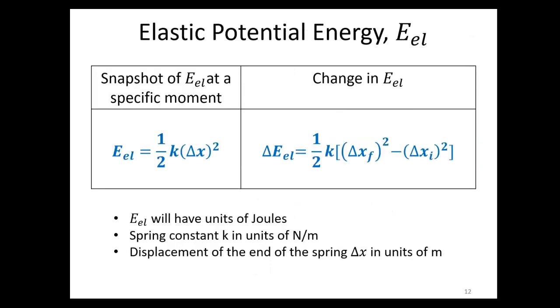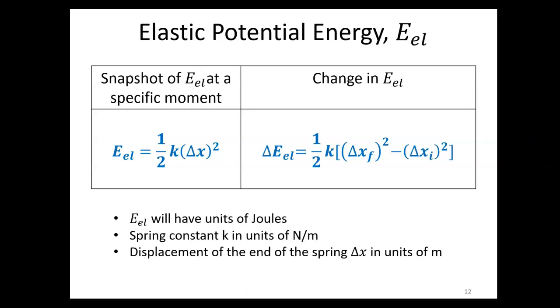So we have two formulas to calculate elastic energy. If we want a snapshot of the elastic energy at a specific point in time, when the displacement is a certain amount, then we calculate the elastic energy as 1/2 of the spring constant times that displacement squared.